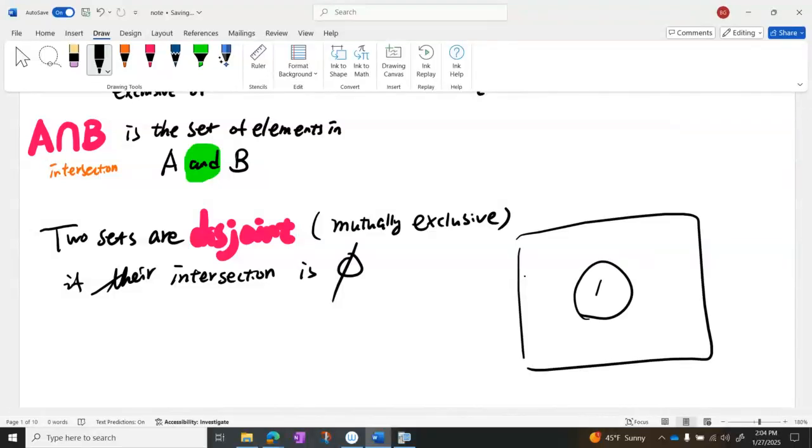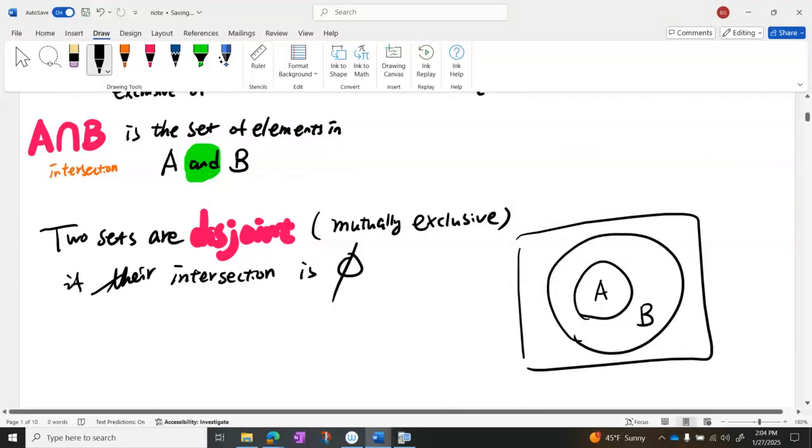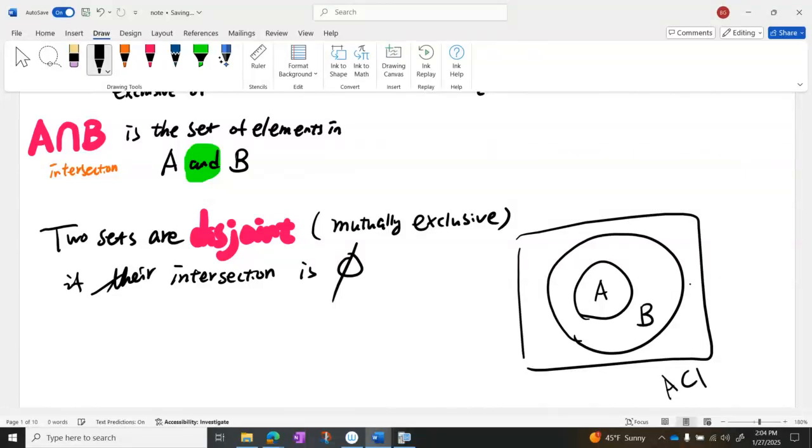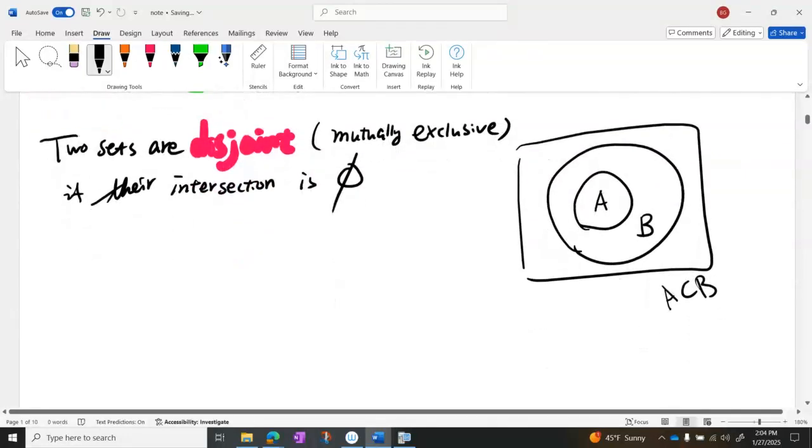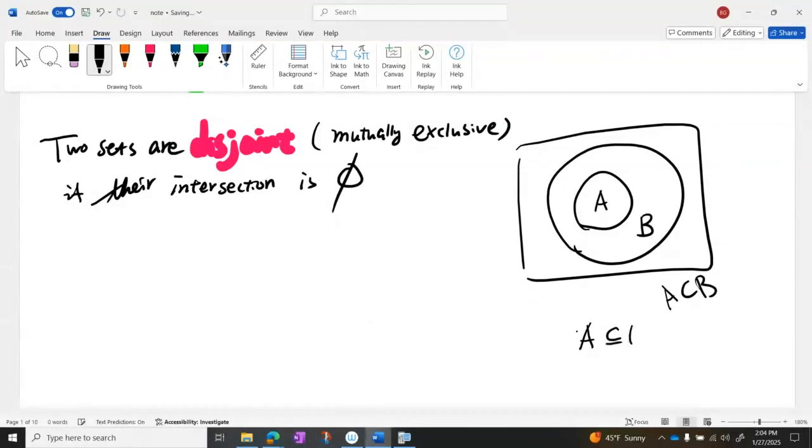If we have these two sets, set A completely falls inside of set B, then A is a proper subset of B, okay? But is A also a subset of B?